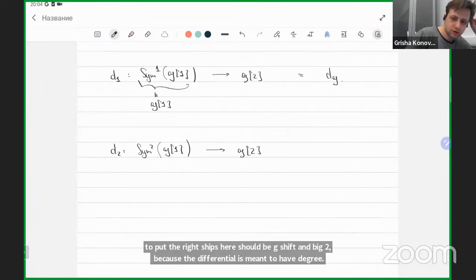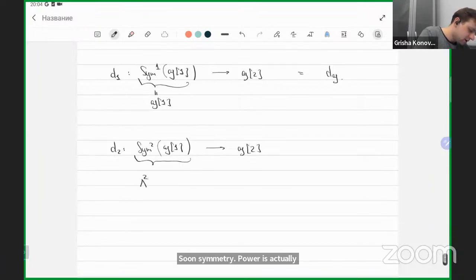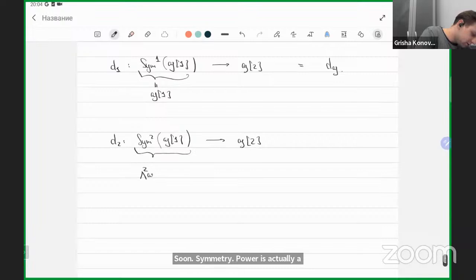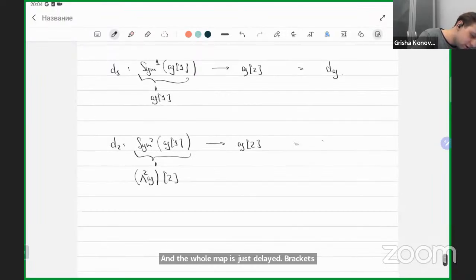So this symmetric power is actually a skew power of g shifted by 2. And the whole map is just the Lie bracket shifted by 2, which the Lie algebra g had.